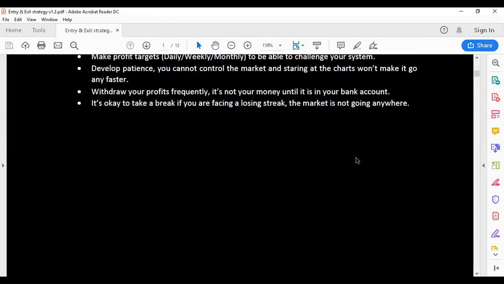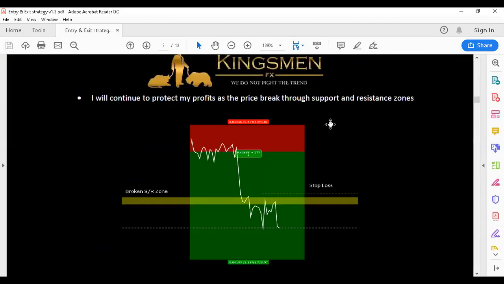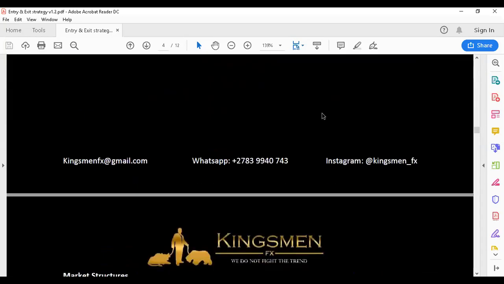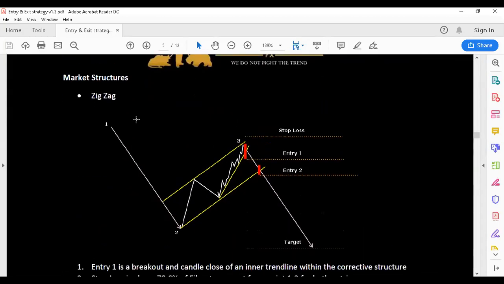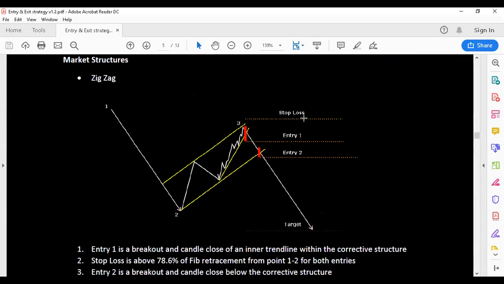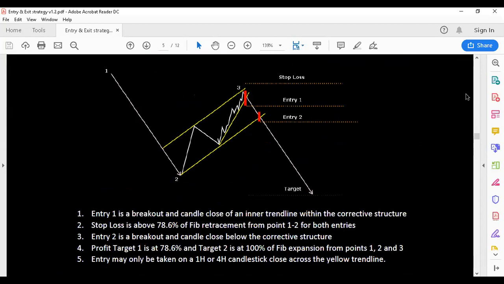When you see any of these structures within a bigger structure that we are trading, you should take it as an opportunity to put in another entry or to protect your profits on your first entry, because price moves in waves.